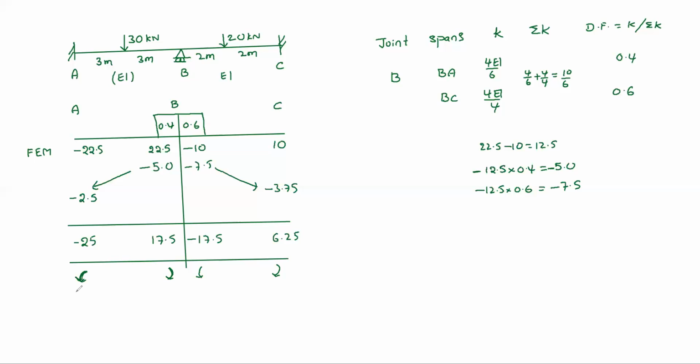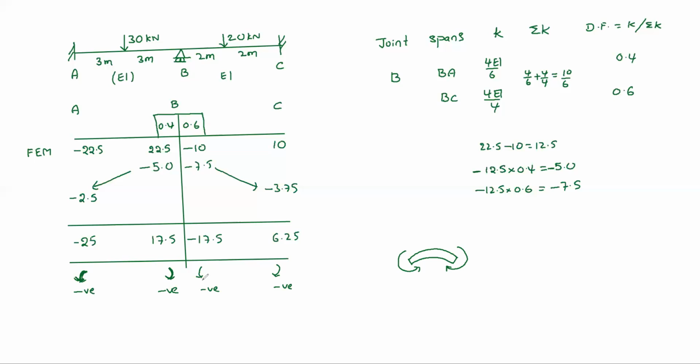This is also hogging moment, negative moment. This is also negative moment. Negative means hogging. That means these moments make the beam bend in a hogging manner. Hogging means like this. So to make it bend like this, on the left side we need to apply anti-clockwise, on the right side clockwise. That's why, in this portion, you see anti-clockwise on the left and clockwise on the right means hogging.